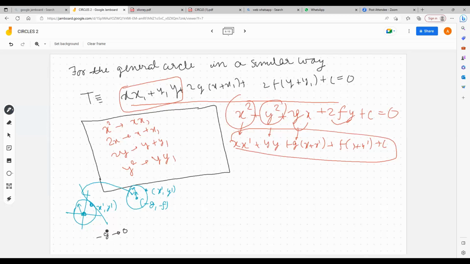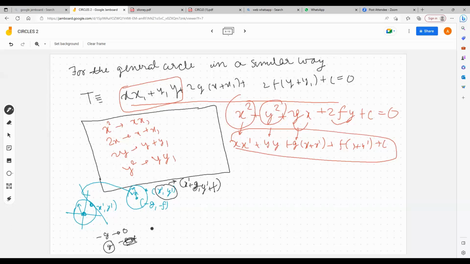That is, we need to add g to the x coordinates, and we need to add f to the y coordinates. Or we can say that this x prime comma y prime becomes x prime plus g comma y prime plus f with reference to the new coordinate axis.